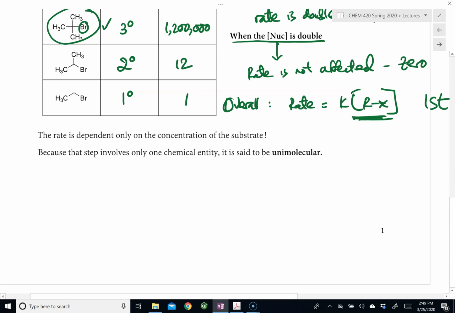Because the rate of reaction is dependent on only the concentration of the substrate, and because this step involves only one chemical entity in its transition state, this is said to be a unimolecular reaction.